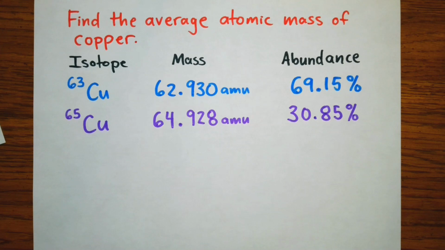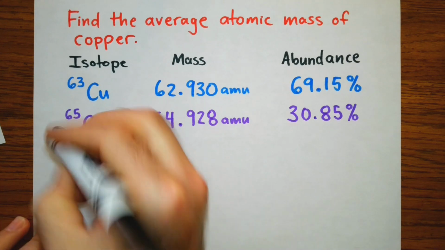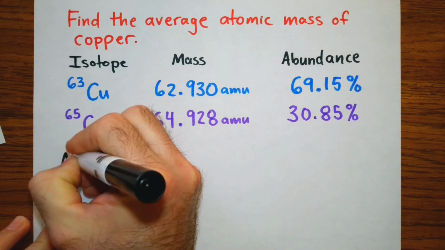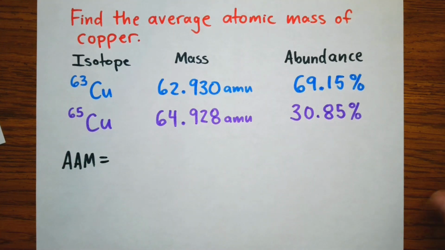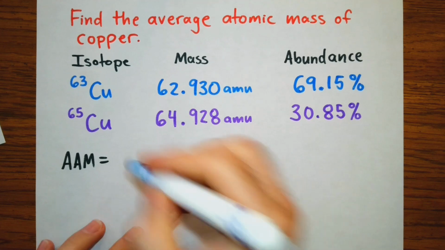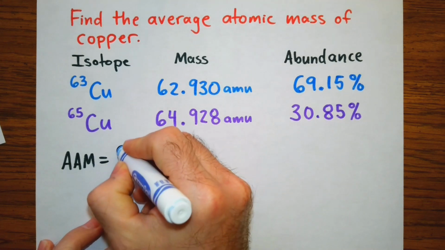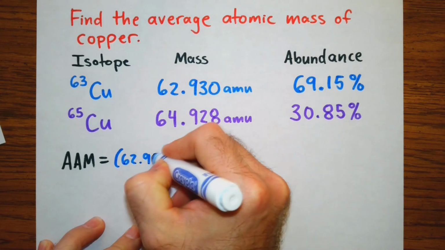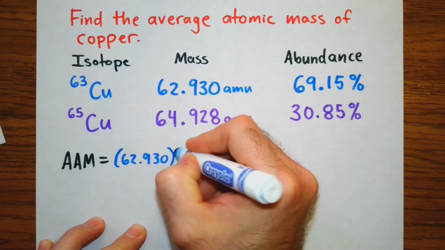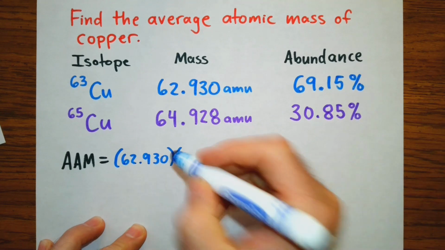To find the average atomic mass, what we're going to do, quite simple, we are going to take the mass of the copper-63, 62.930, and then we're going to multiply it times its abundance.